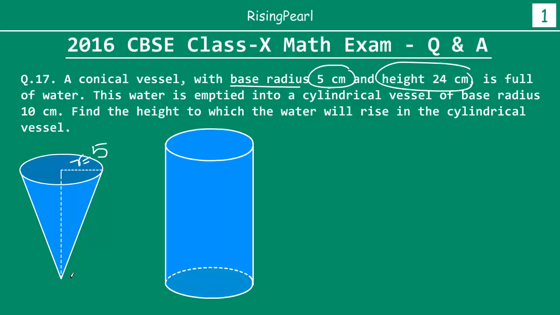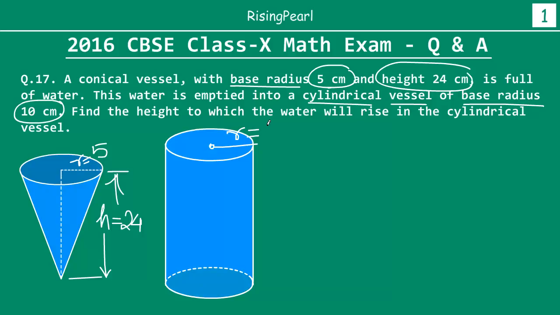So the height of the cone is this height, and this height is 24 cm, right? Now for the cylinder, what is given to us is that the base radius is 10 cm. So if this is the base radius r, this is given as 10 cm, right?